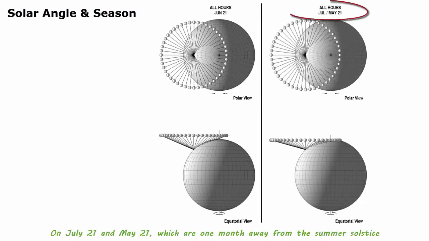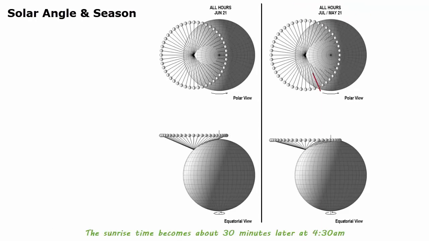On July 21st and May 21st, which are 1 month away from the summer solstice, the sunrise time becomes about 30 minutes later at 4:30 a.m., and the sunset time becomes about 30 minutes earlier at 7:30 p.m. Therefore, the daytime has become shorter than June 21st, but still more than 12 hours.